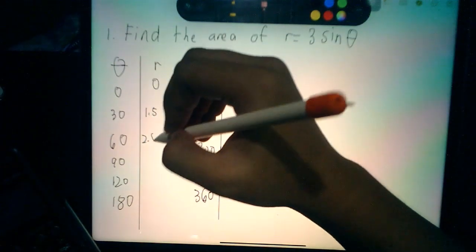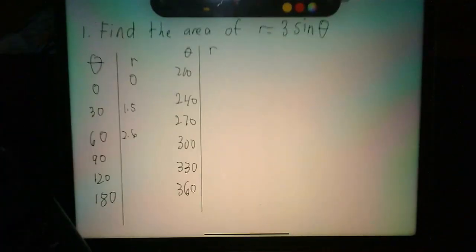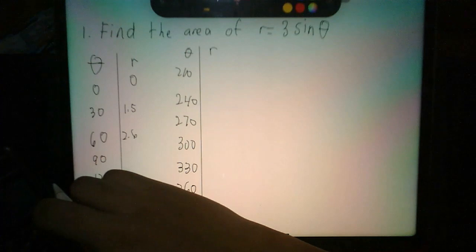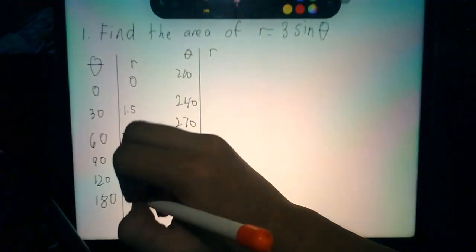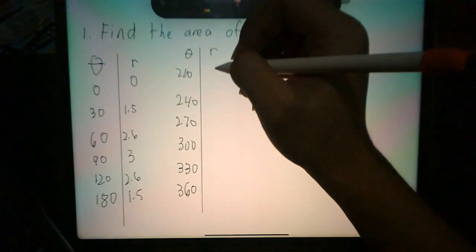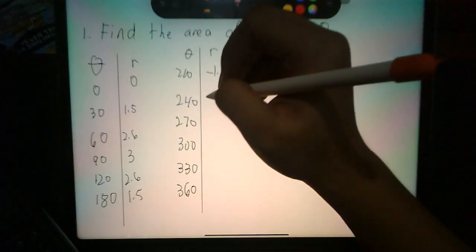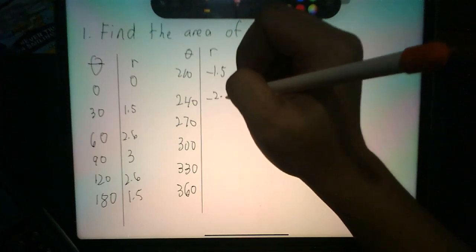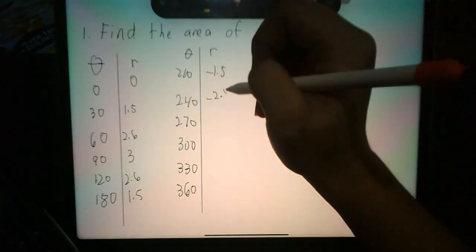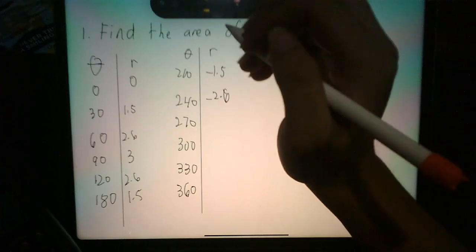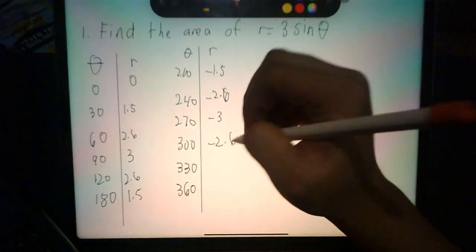This becomes 2.6. 90 here is just plus 3, 120 equals 2.6, 150 is 1.5, 180 is 0, 210 is negative 1.5, 240 is negative 2.6, 270 here is negative 3, 300 here is negative 2.6.